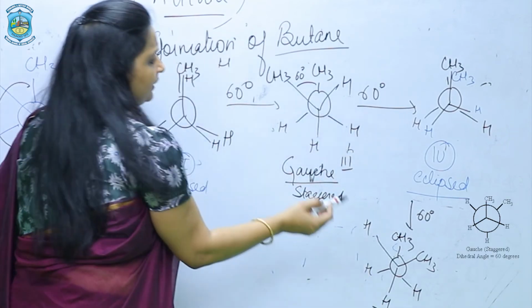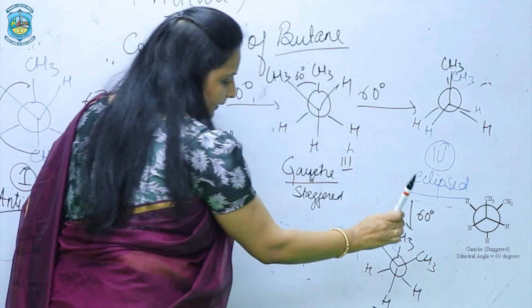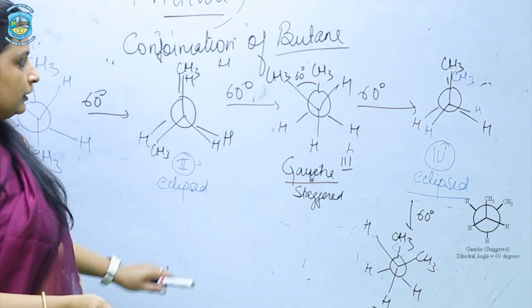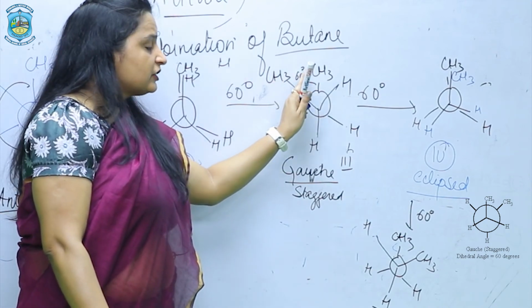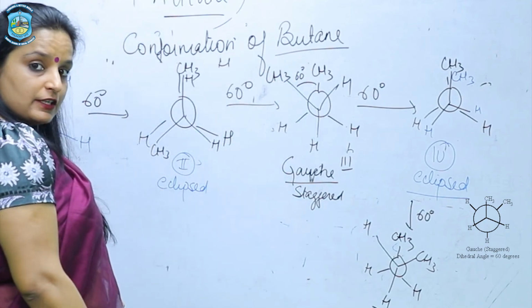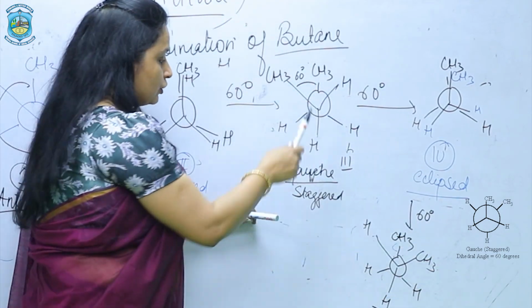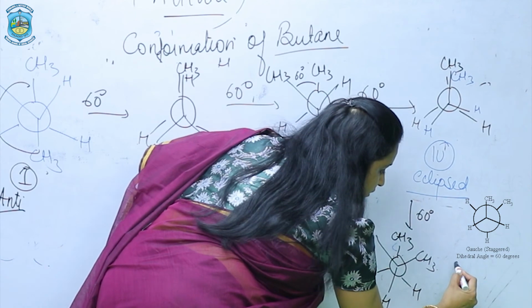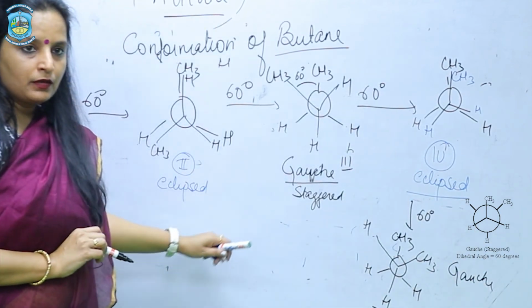Fifth, and you see third one and fifth one, third and fifth, they are somewhat the same. In this case CH3 was on the left hand side, in this case CH3 is on the right hand side. So, therefore, fifth conformation is also called gauche staggered conformation.